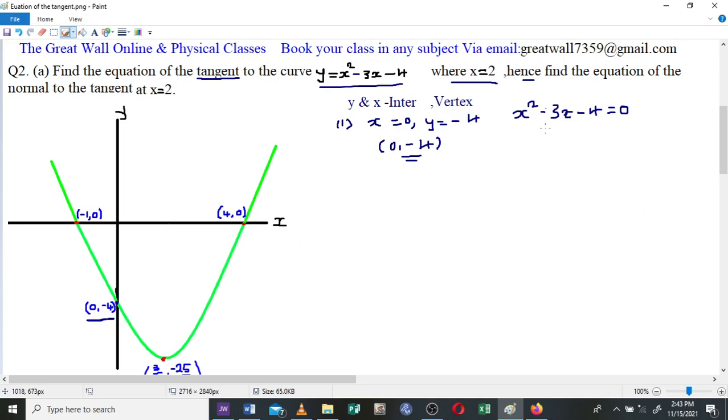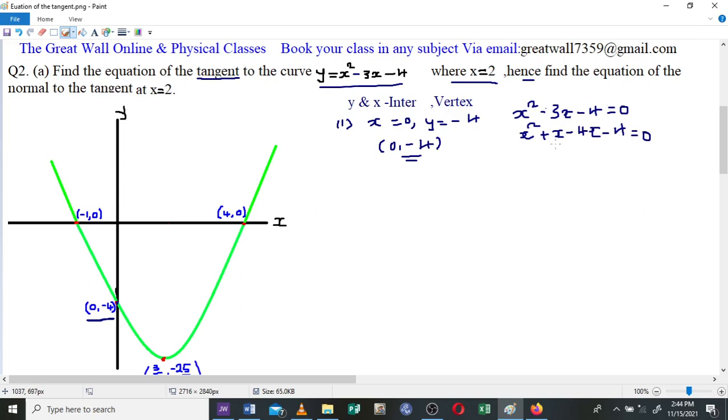You can solve this using any of the methods. Some would choose completing the square, others will use factorization. You are just going to get the same answers, so whichever method you use, just make sure you get the same answers. If you use the sum and the product method, you are going to have x squared minus 3x minus 4 is equal to 0.